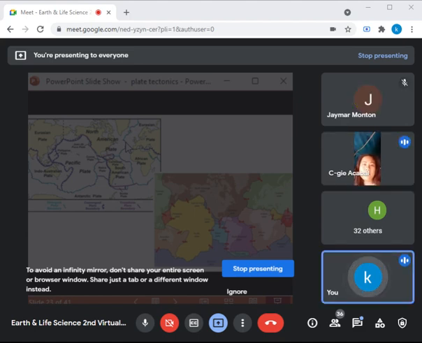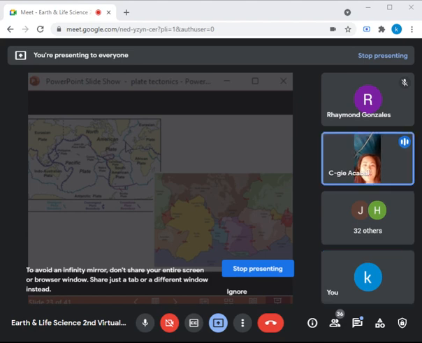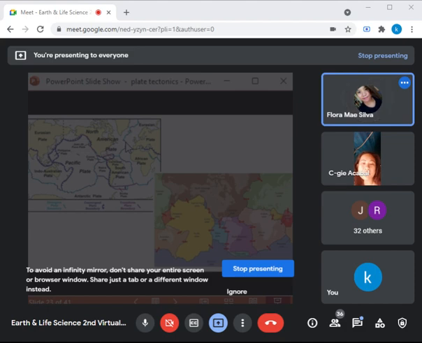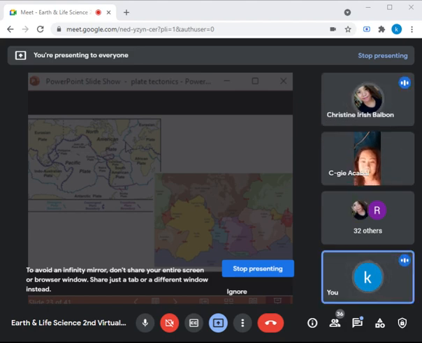Okay, the color is light blue. So therefore, it is a divergent boundary. So meaning divergent that the plates are moving away or unsa man siya? Unsa iyang movement sa plates? They are moving. Oh, nagbulag sila. Very good, Flora May.